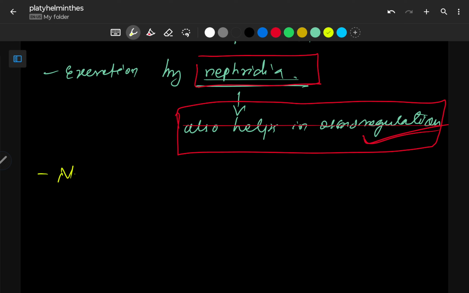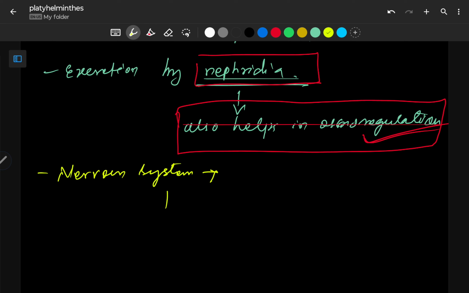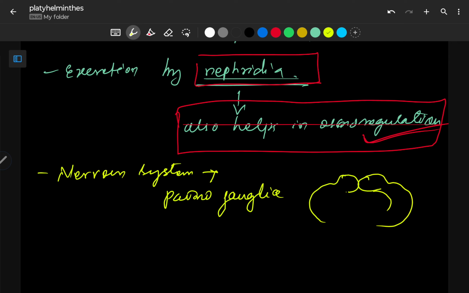So the nervous system consists of paired ganglia, means in the head region they have a structure like this, means a bunch of knobs are present to form a bulging structure, and this is the ganglia.